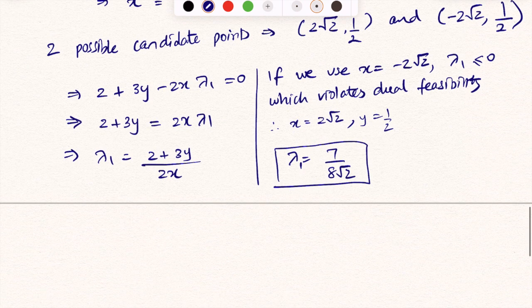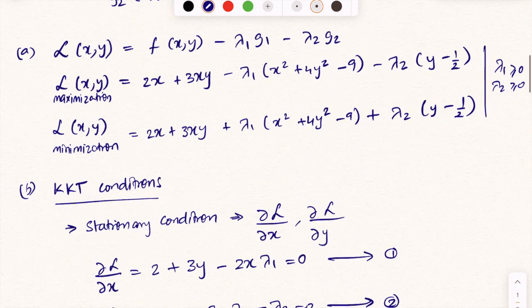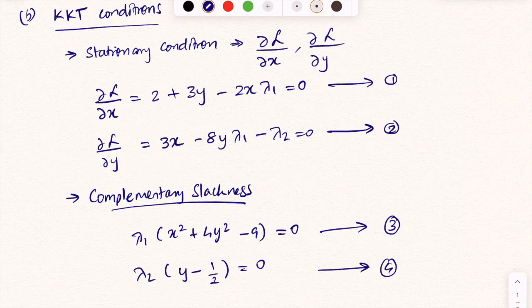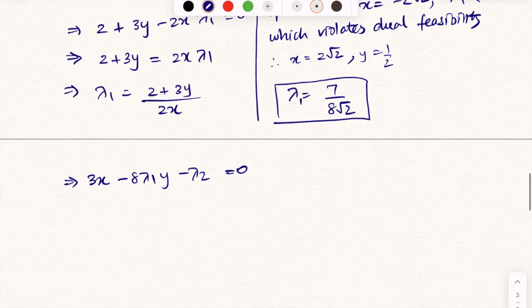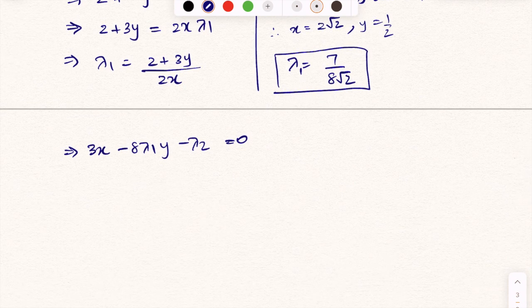Remember that equation 2 is nothing but the partial derivative of the Lagrangian with respect to y, which is 3x minus 8 lambda 1 y minus lambda 2 equal to 0. And again, remember that this equation is coming all the way from up here when we've done the math for the stationary condition. So just using that equation, set that to 0.